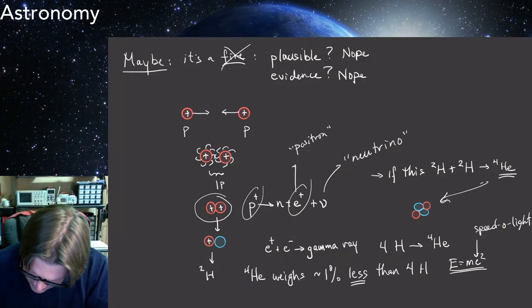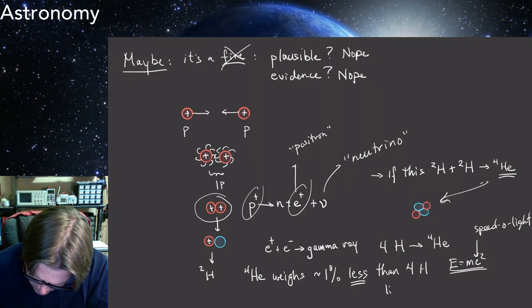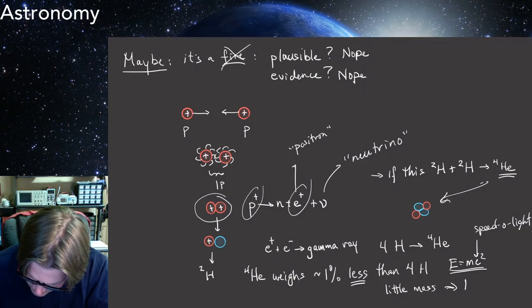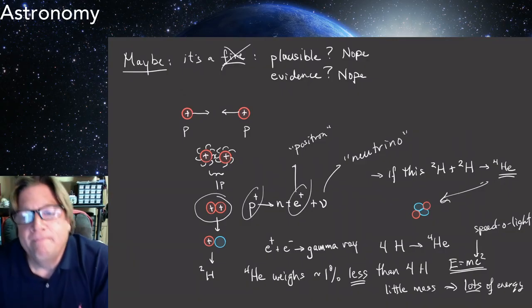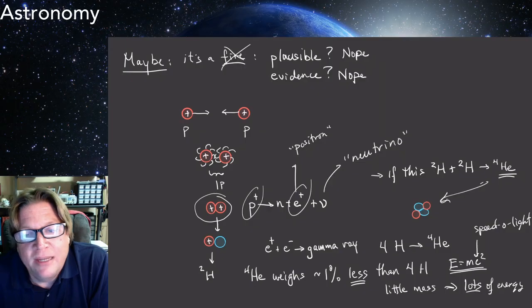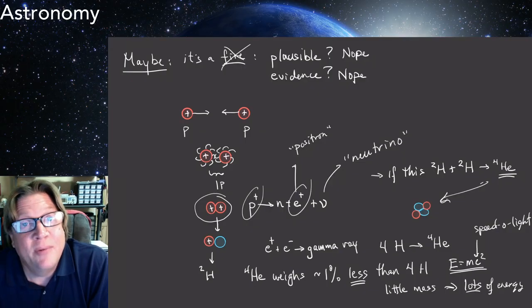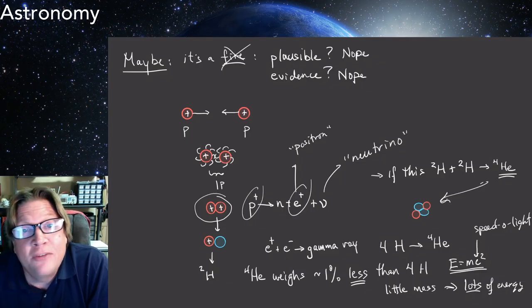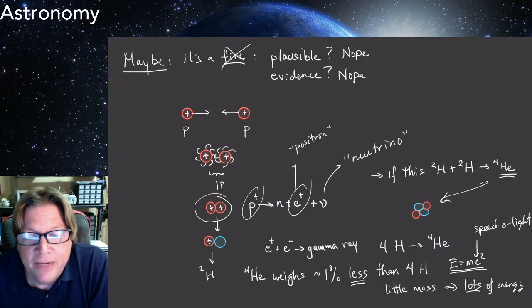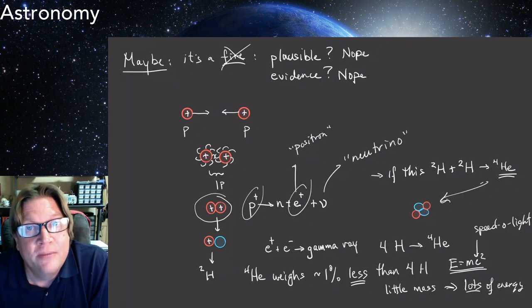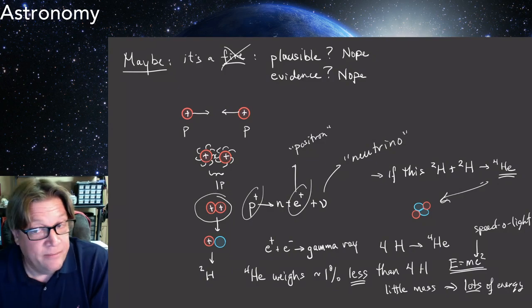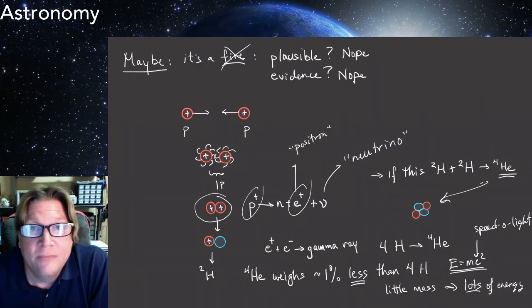So the upshot of this is that a little mass gives you lots of energy. So that 1% of missing mass is radiated out in the form of energy, that gamma ray plus others. So that's where the mass goes. So when you make helium from hydrogen, you release energy. And that's exactly what we see.